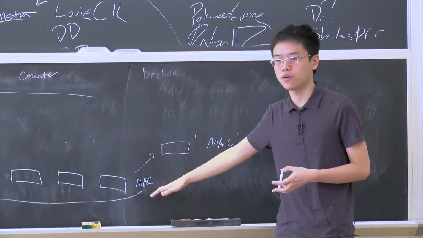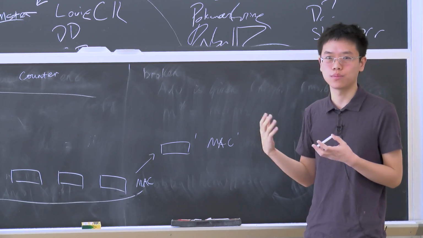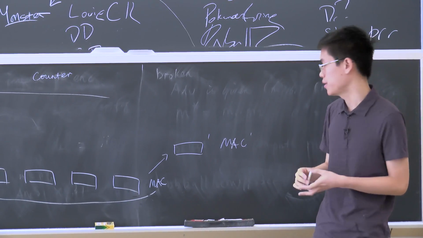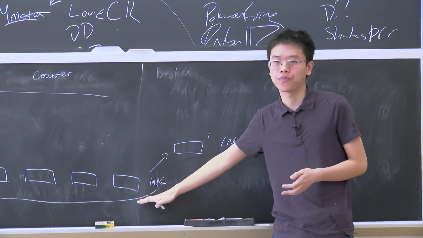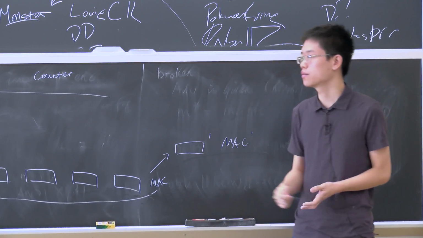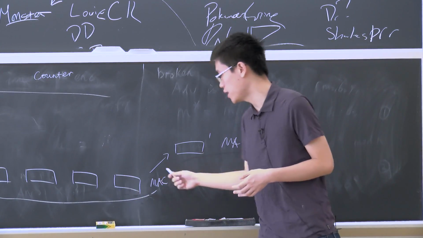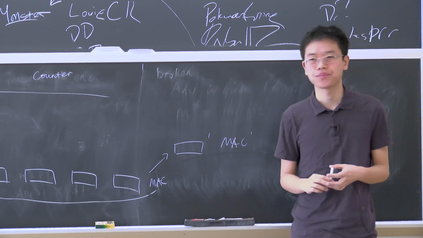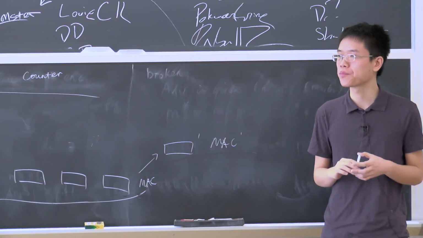When you read this file, you want the latest version of the file. So it should be what you wrote there last time. But when you're trying to read the file, an attacker can give you this pair. If you check the MAC, it's going to match. This is also a valid message MAC pair. Okay. Now everyone sees the problem.